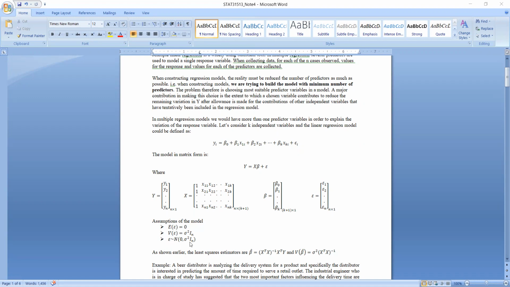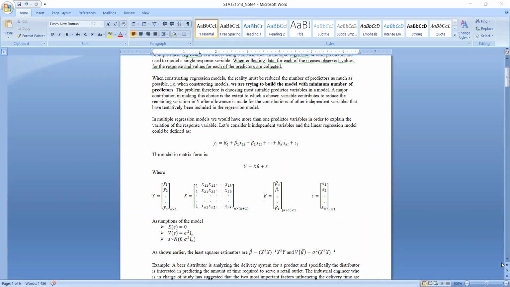And same as simple linear regression, to obtain the parameters you can use X transpose X inverse, X transpose Y. If you want to obtain the variance, we take the sigma squared value and multiply it by the X transpose X inverse matrix to obtain the estimated variance of each and every parameter. All of this is the same as in simple linear regression.